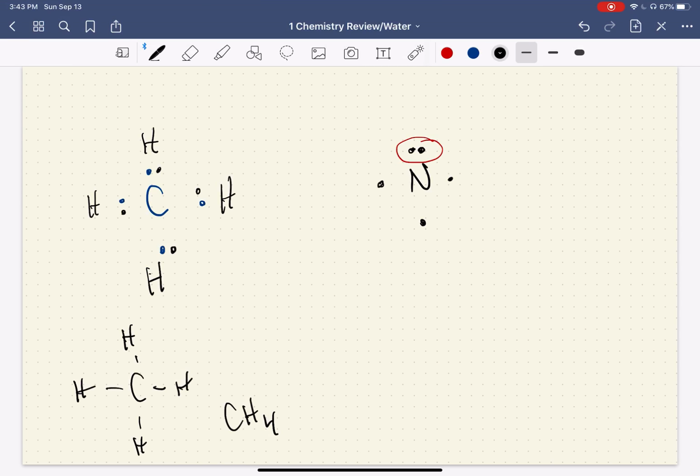This nitrogen has already filled it. So there are only 3 spots where it can share electrons with something like hydrogen. This looks like that. That's ammonia.